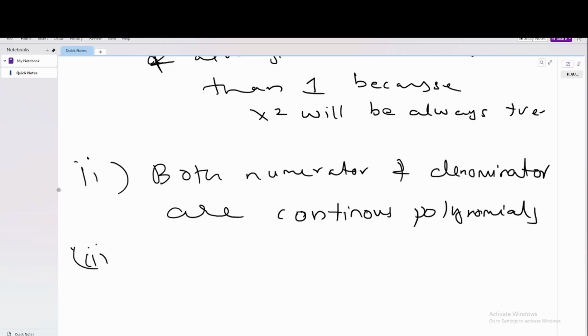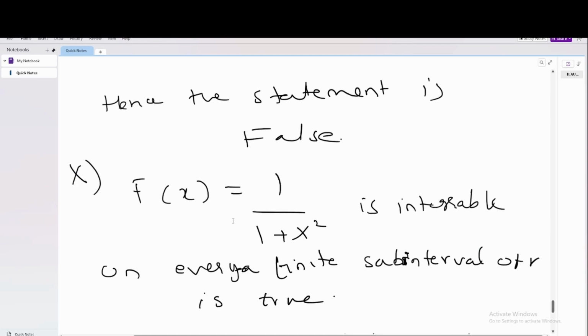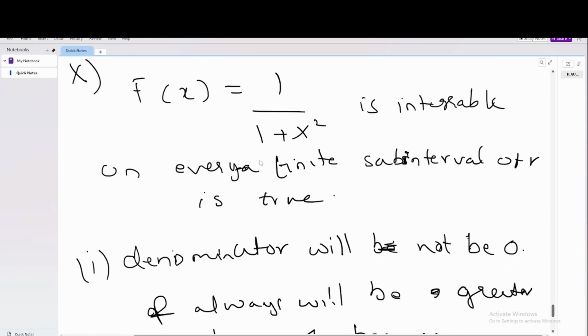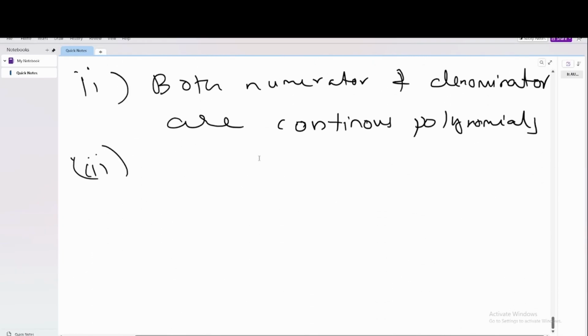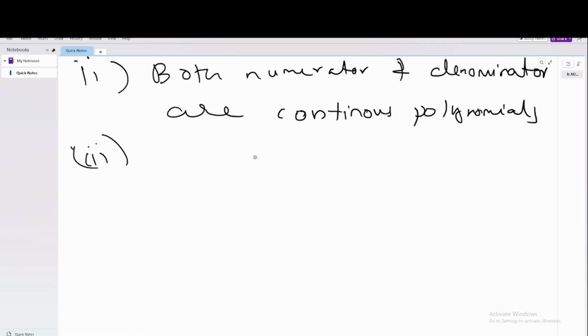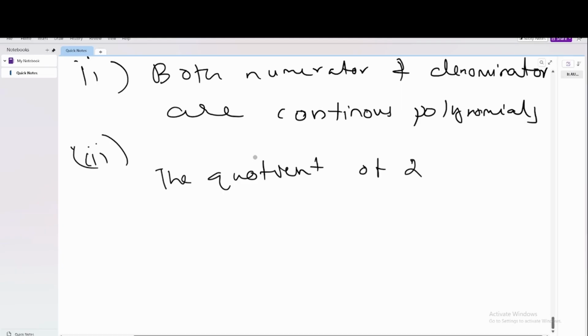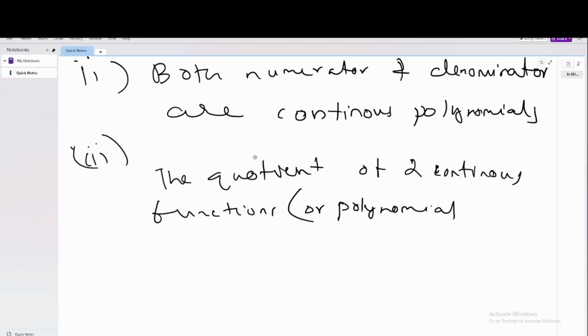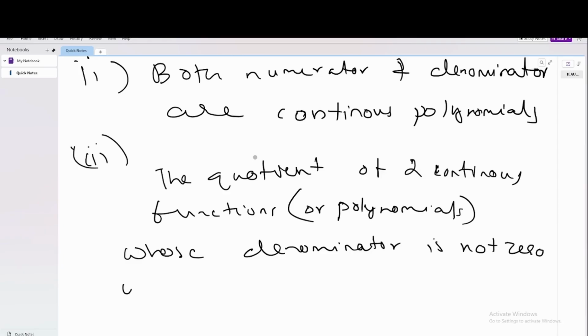The third condition for these functions to be integrable, or Riemann integrable, is that the quotient of two continuous functions or polynomials whose denominator is not 0 will always be continuous.